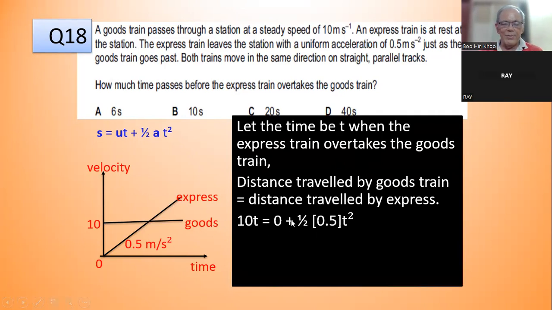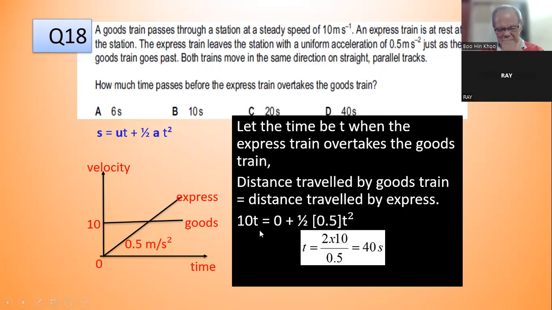For the express train, u is 0 because it is initially stationary, so it is half a t squared, with a given. The t can cancel off, and you can find t equals 2 times 10 divided by 0.5, so it's 40 seconds. The answer is D.